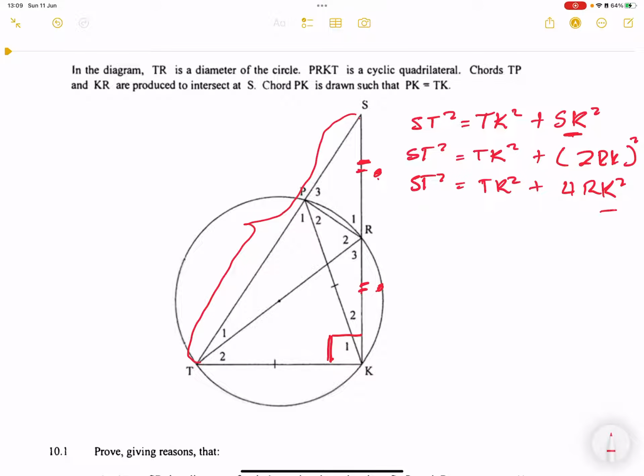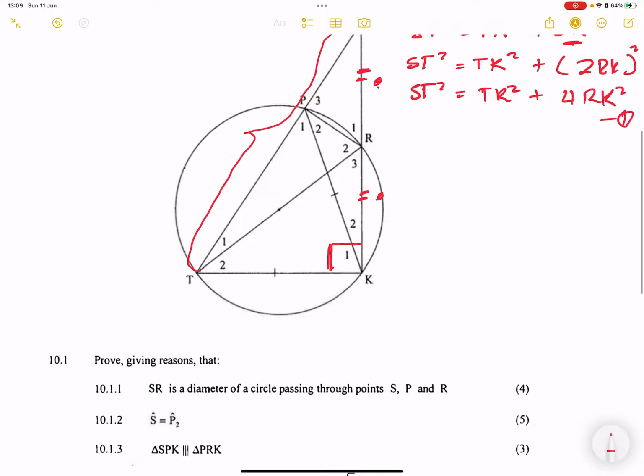Now, we call this equation 1. Then we used the similarity between the triangles. Remember, if triangles are similar, then their sides are proportional.